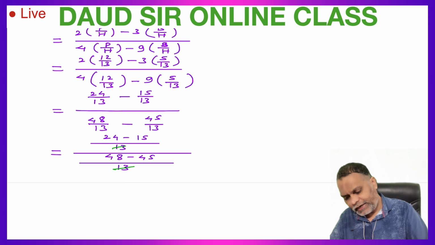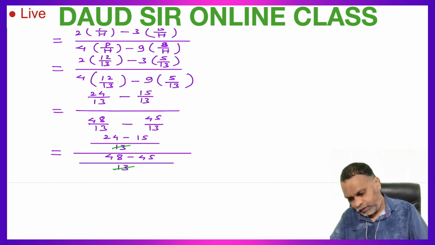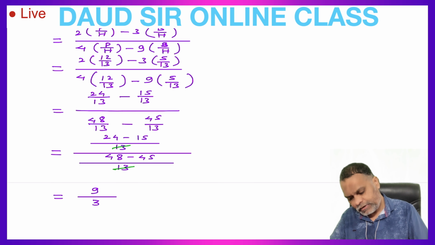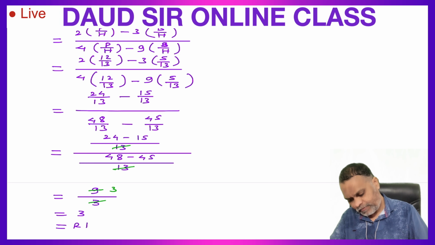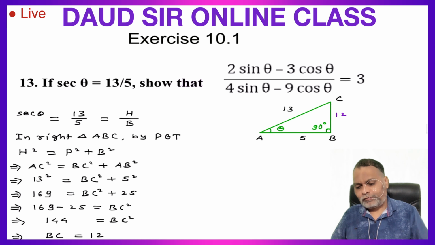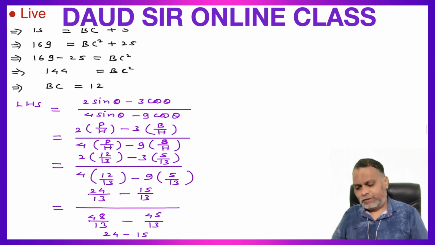This 13 cancelled. So which is equal to 24 minus 15, 14 minus 5, 9, 1 minus 1, 0. 48 minus 45, 3. We can cancel this. 3 3s are 9, which is equal to 3, which is our right hand side. So right hand side is 3. So in this way we can prove this.